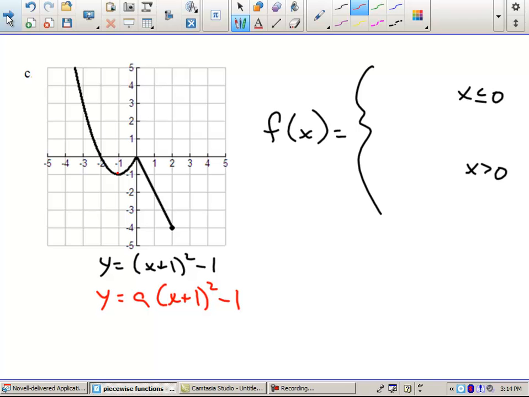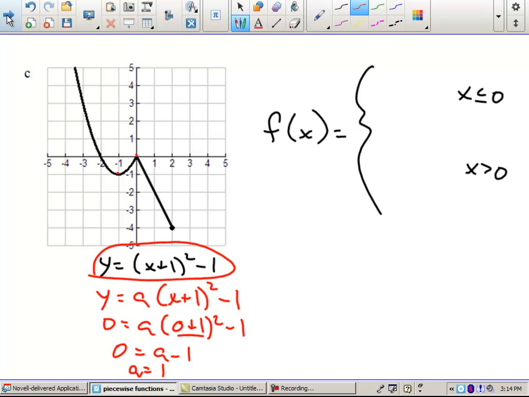I need to make sure it works, so let me plug in a point that I know works, 0, 0, and I'll get 0 is equal to a times 0 plus 1 squared minus 1. 0 plus 1 is 1, 1 squared is 1, a times 1 is a, 0 is equal to a minus 1, so a is equal to 1. Just double check, and sure enough, this is my equation. Y is equal to x plus 1 squared minus 1 for all values less than or equal to 0.